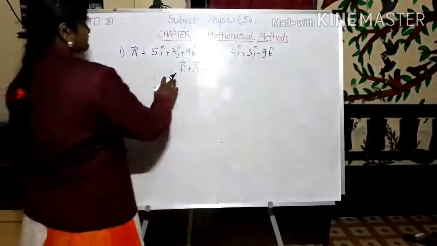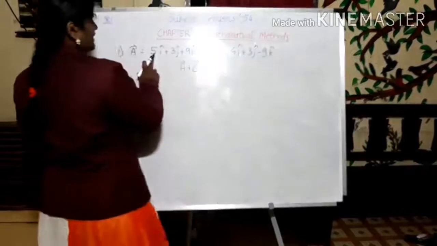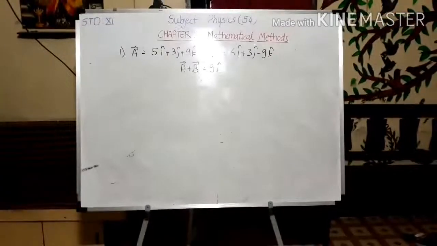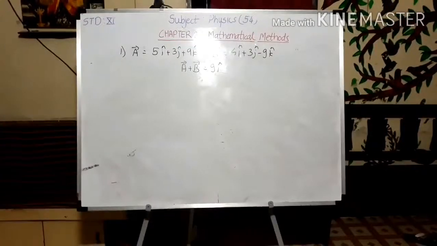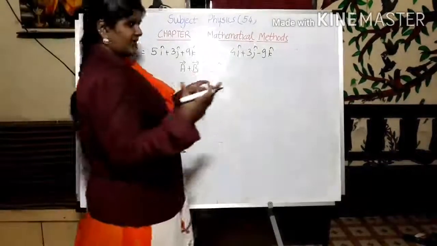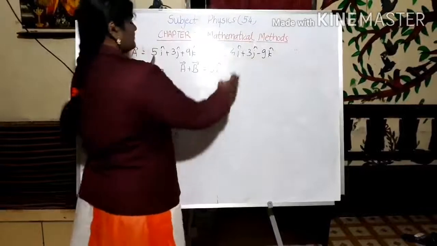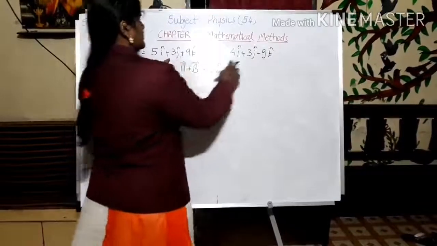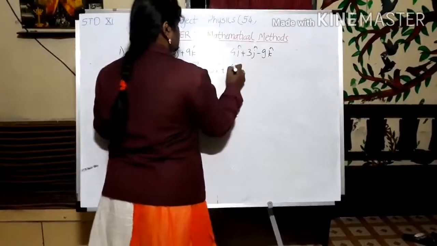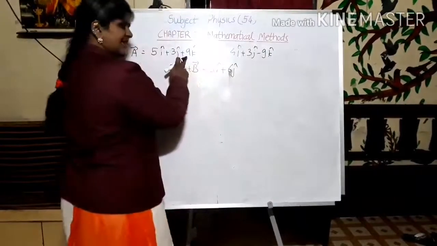So let's add A bar plus B bar. 5 plus 4 will be 9i. 3 plus 3, 6j. 9 minus 9 will be 0k.